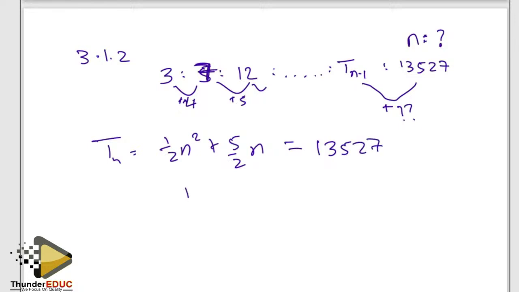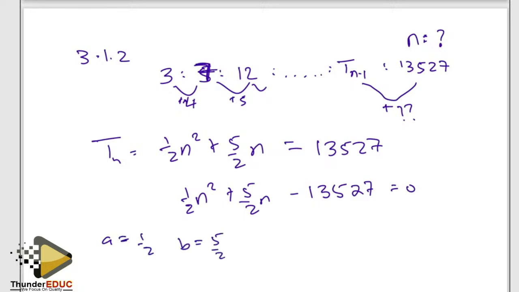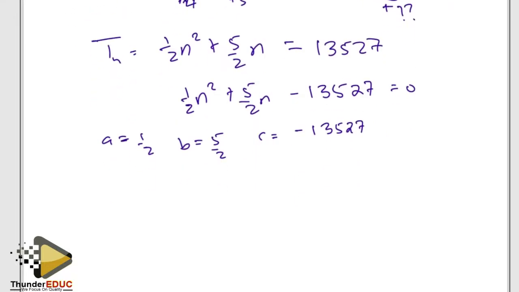So this is a quadratic: a half n squared plus 5 over 2n minus 13527 is equal to 0. If I use my quadratic formula, a is going to be a half, b is going to be 5 over 2, c is going to be negative 13527. I will call this the longer approach.